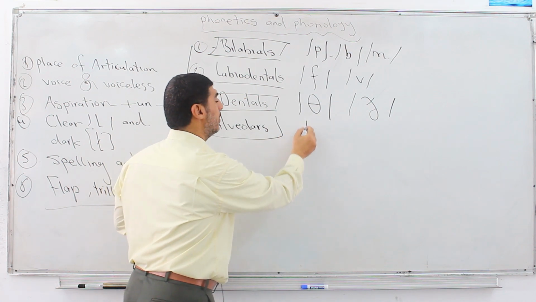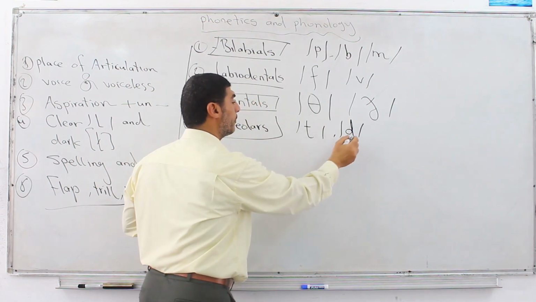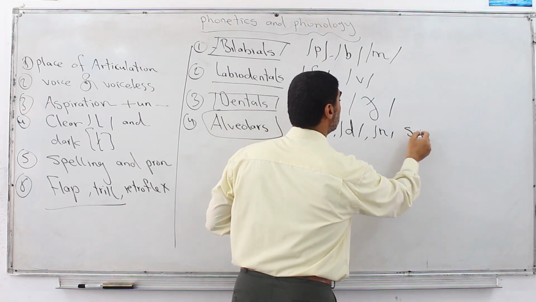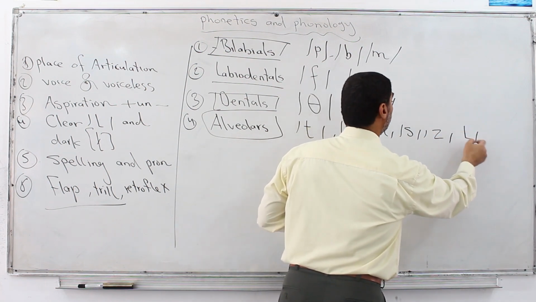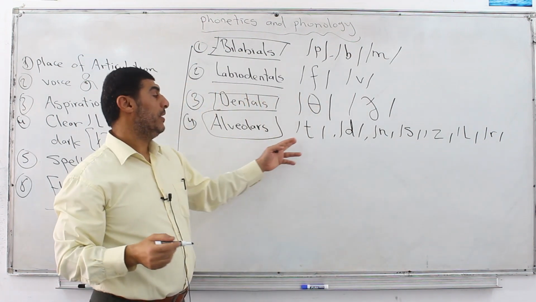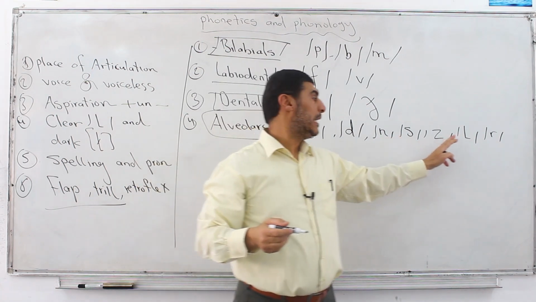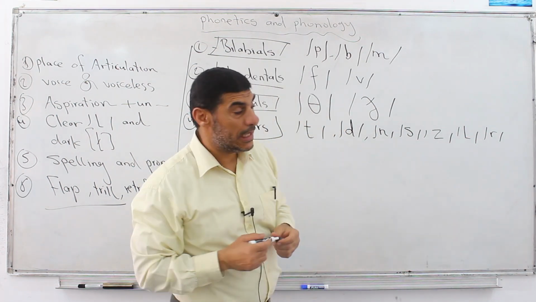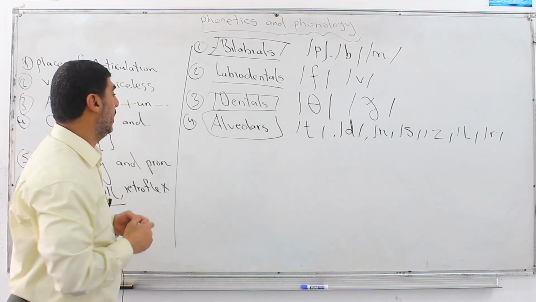And sometimes ra. So we have ta, da, na, sa, za, la, and ra. But remember, the ra sound is not always alveolar. It can be trill, it can be flap, and it can be retroflex.